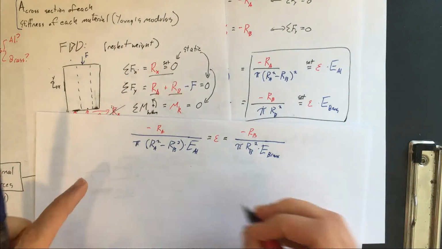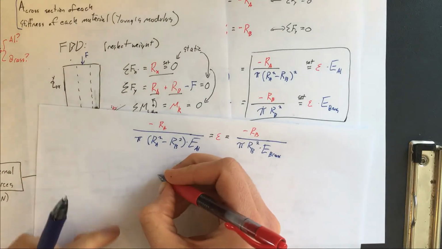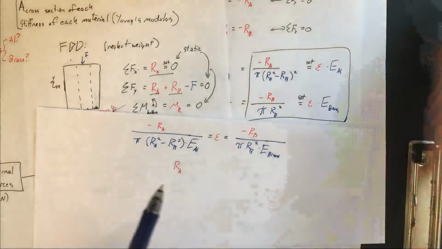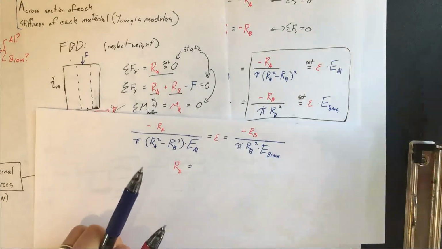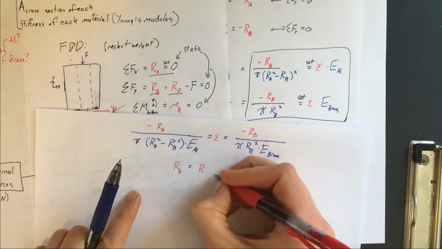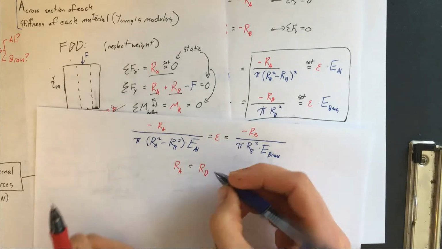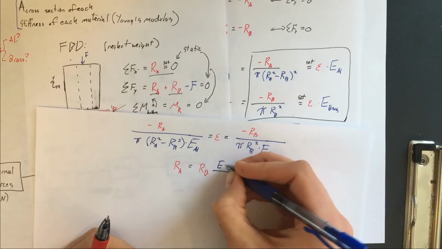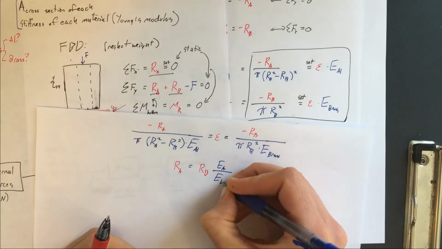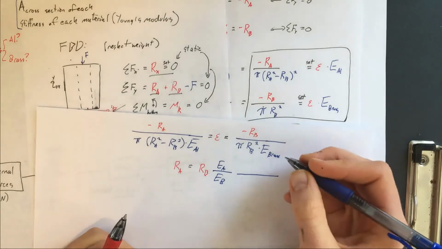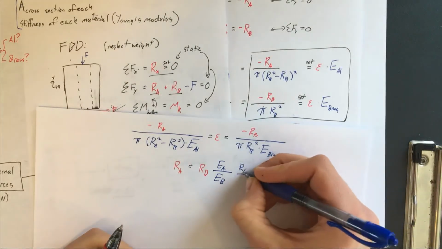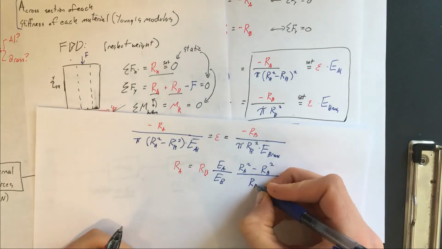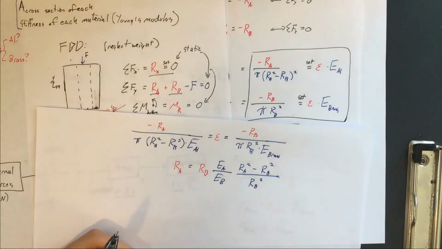I guess it doesn't really matter. So what do we get when we do that? I guess we could say RA is equal to RB times EA over EB, for RB squared, right?